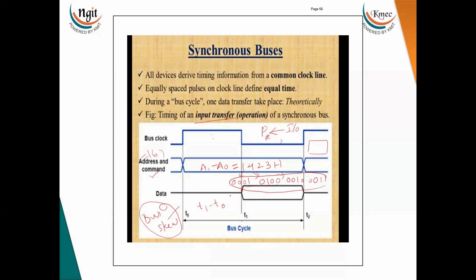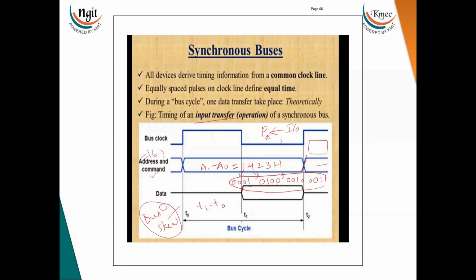The data is placed on the data bus at T1, after decoding the address. Now at T2 the address is changing here. If you see the crossing lines, it means the address is changing. If there is no change in address, this line will continue like this.